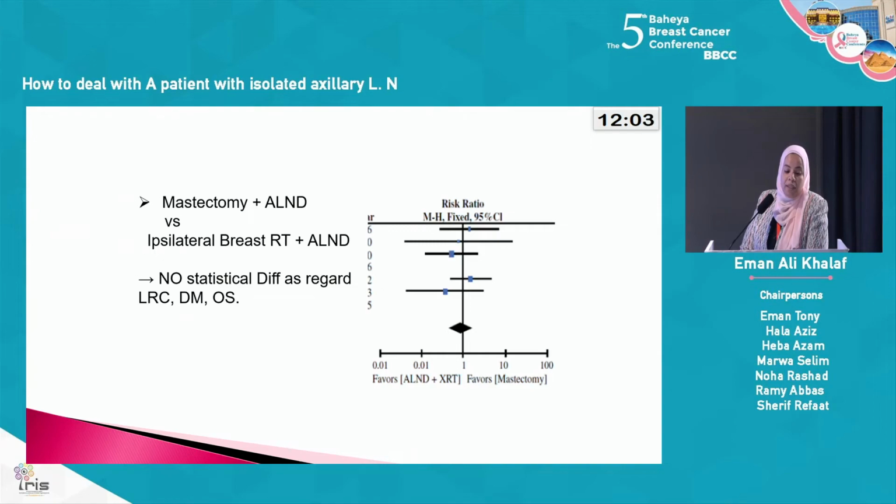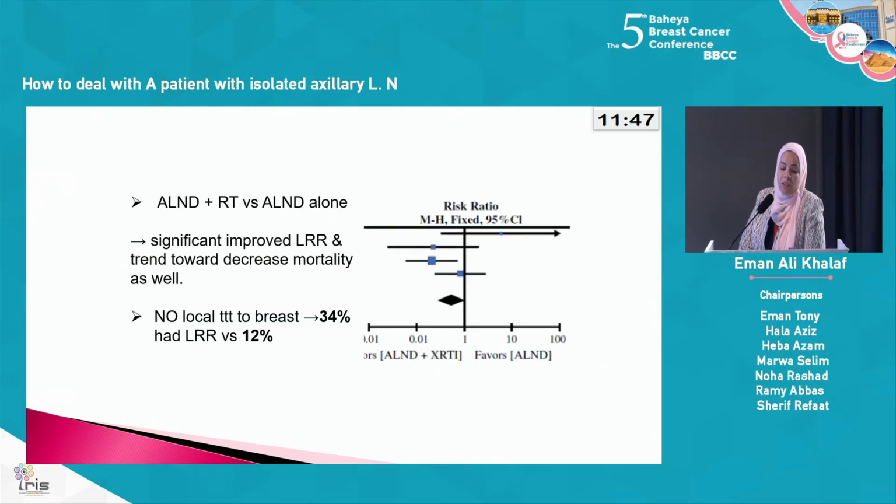First one, there is no statistically significant difference as regards the local regional recurrence or distant metastasis or overall survival in patients who underwent axillary lymph node dissection with ipsilateral mastectomy versus axillary lymph node dissection with ipsilateral whole breast irradiation.